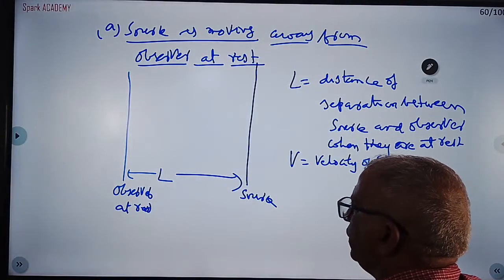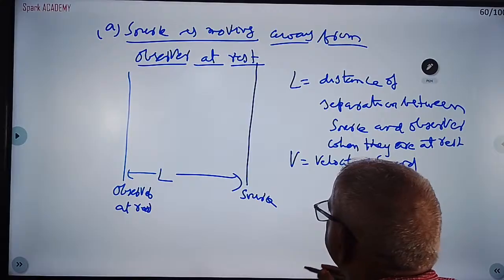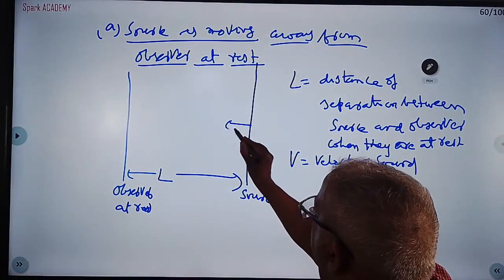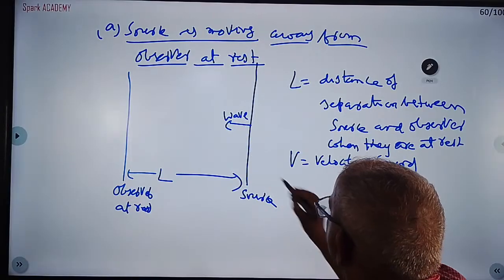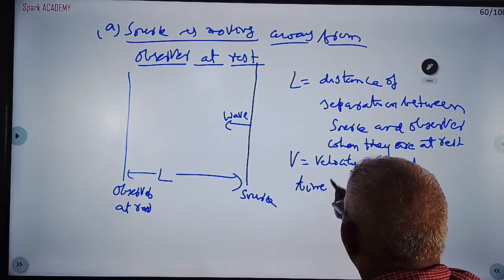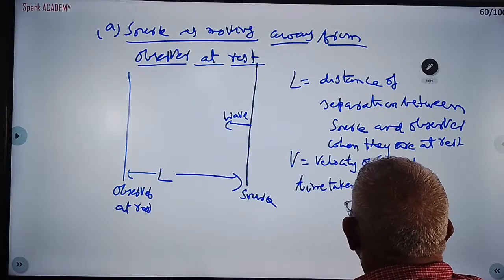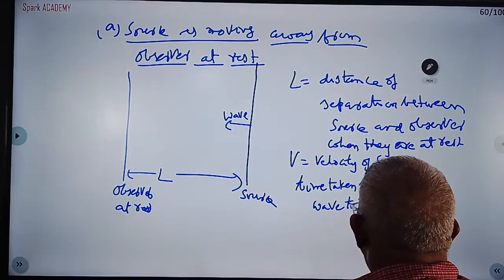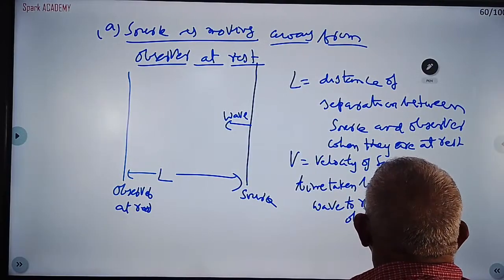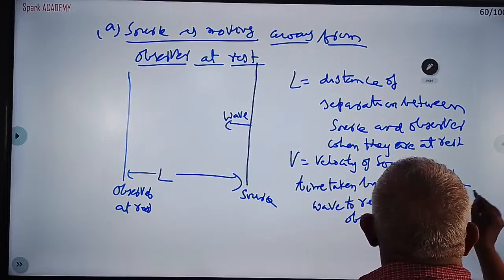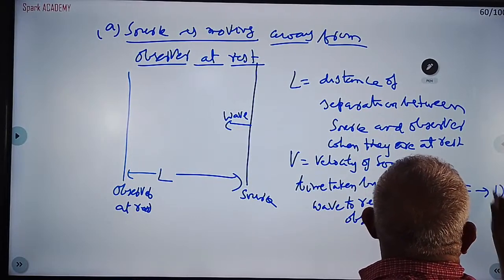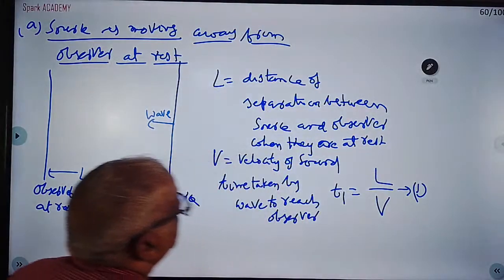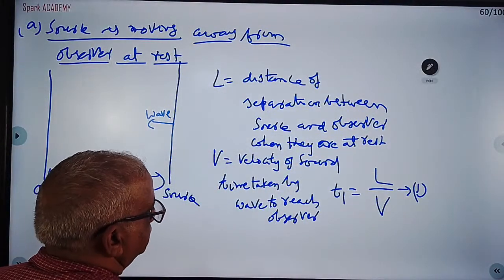Now, what is the time taken by one wave, released from the source, to reach the observer? Time taken T1 is nothing but L by V. This is the first equation: T1 is L by V.